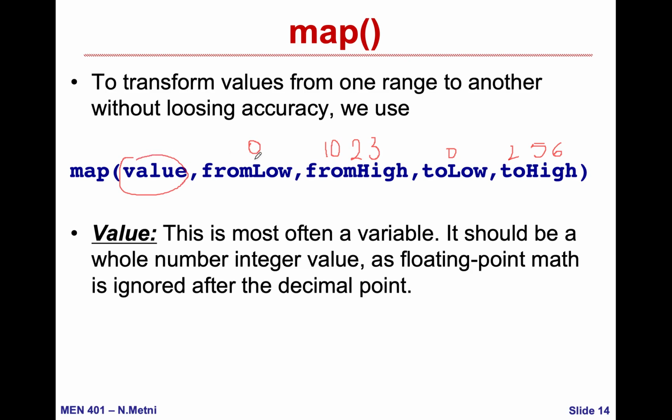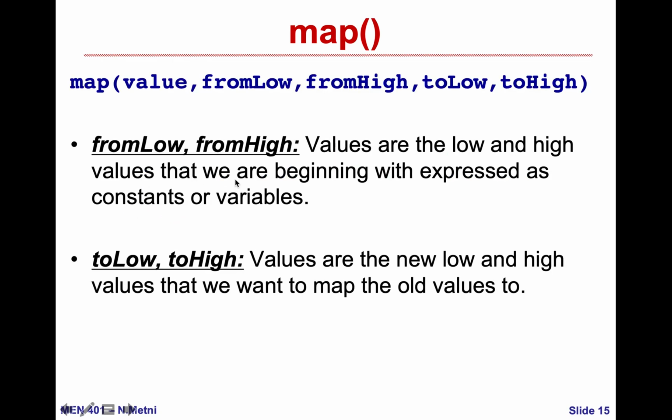This value is in the initial interval, and the output will be the same value in the new interval. So the map takes the value, which is maybe a variable, then the from low and from high values, which are the low and high values that we are beginning with, expressed as constants or variables. This is the start interval, and this is the destination interval, to low, to high.